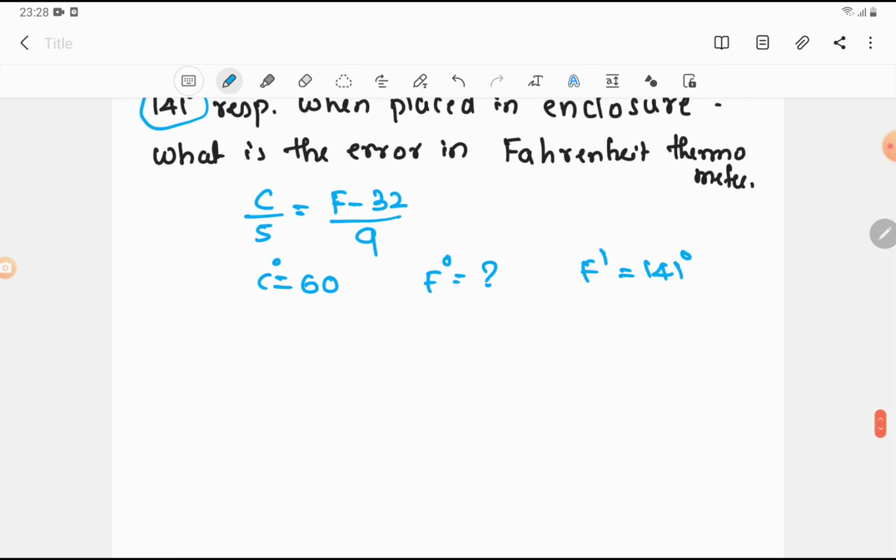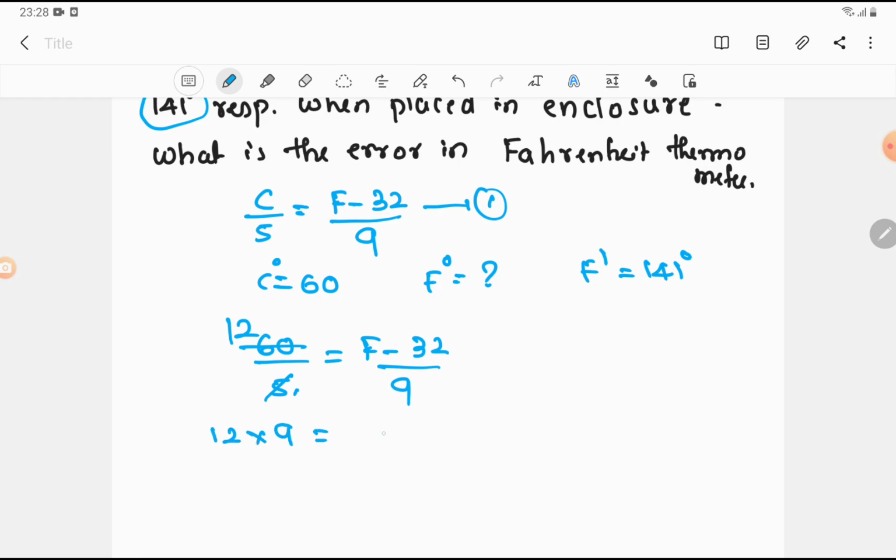We'll find F naught. F dash is given as 141 degrees. Substituting C in equation 1, 60 by 5 is equal to F minus 32 by 9. 5 12s are 12, into 9 is 108. So 108 is equal to F minus 32.